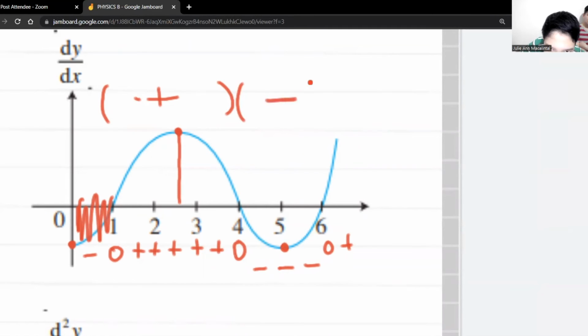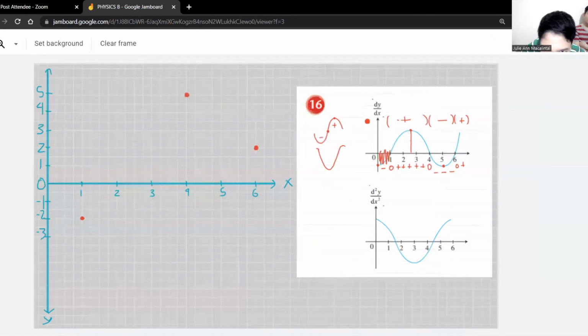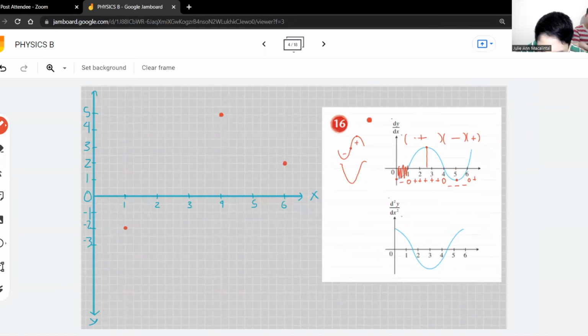It will become negative. It will go at 6. It will become 0, and it will start going upwards. But around 2.5, between 2 and 3, is the inflection point.